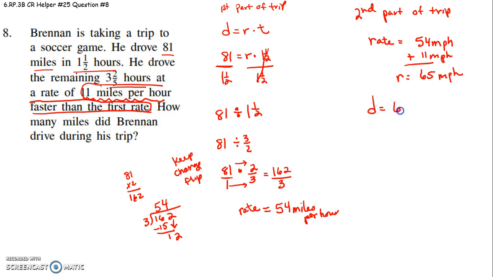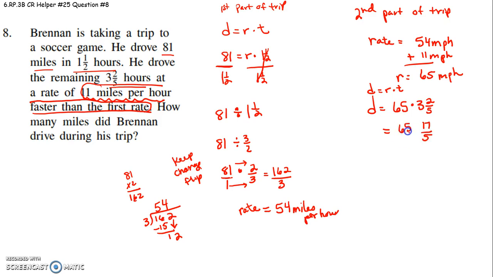So distance equals 65. I'm doing distance equals rate times time again. 65 times 3 and 2/5. Alrighty. So now I'm just going to multiply these. Going to change this to an improper fraction. 5 times 3 is 15 and 2 more is 17/5.